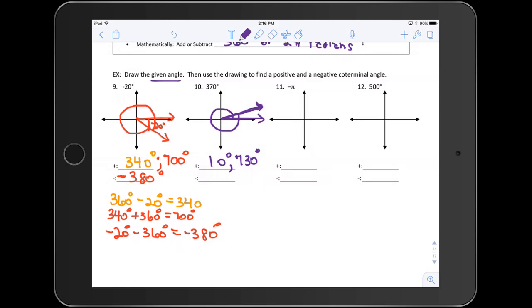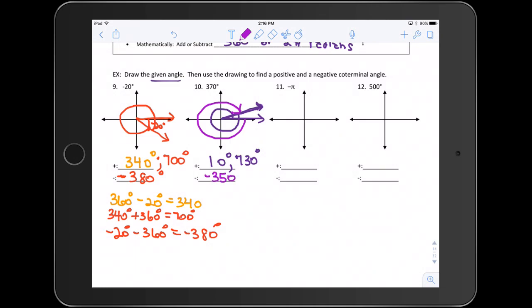The negative, where we know that we have 10 degrees there, and I want to come around. Let me change the angle color a little bit here. To go from the initial side around clockwise, or negative, I know that I'm going to go all the way to 350, or negative 350 degrees.